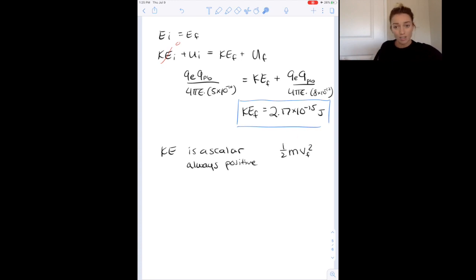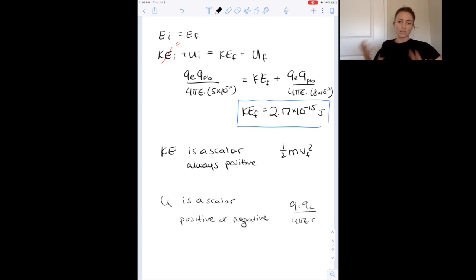A change in kinetic energy obviously can be negative, but a single value of kinetic energy is always positive. The same goes for potential energy being a scalar. However, potential energy can be positive or negative, because if one of our charges is negative, then the potential energy between the two will be negative. So, okay, that's what to think about there.